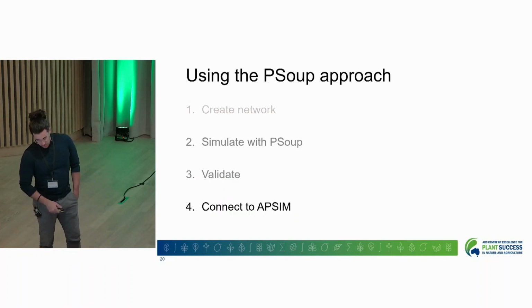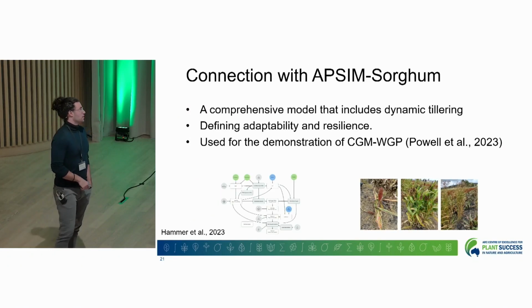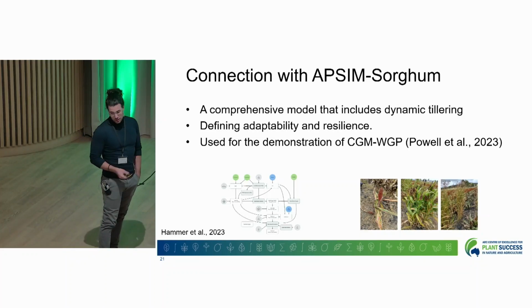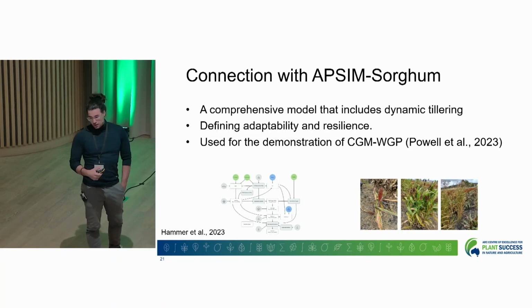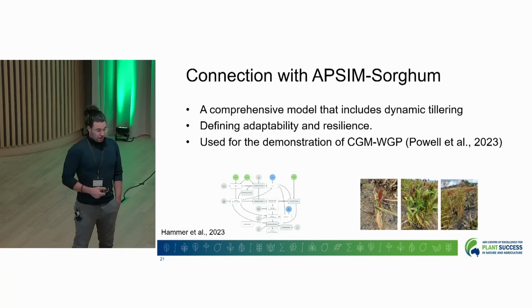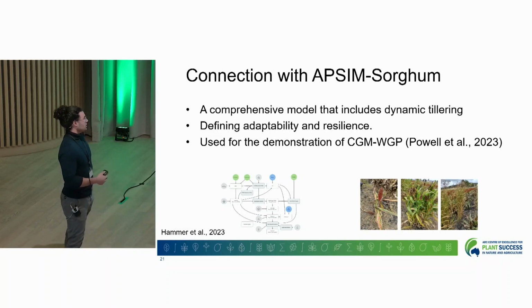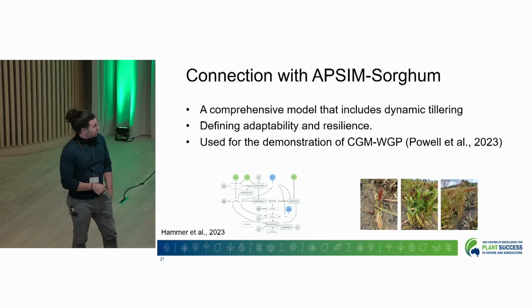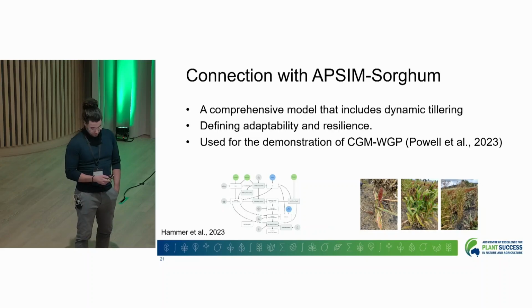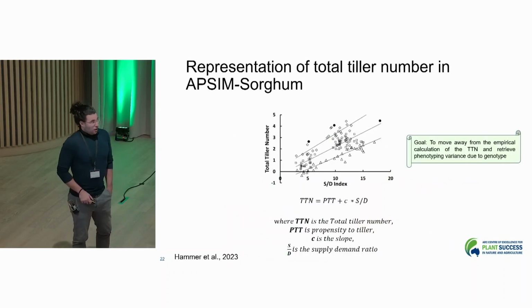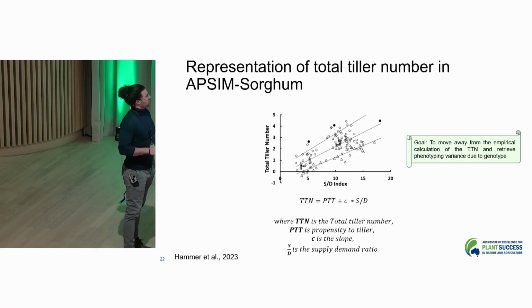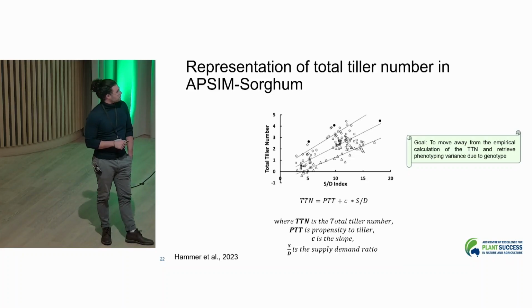And now I'm going to talk about how we connected with APSIM and why we used specifically APSIM-Sorghum. We use that because APSIM-Sorghum includes dynamic tillering, and also APSIM-Sorghum has been used by Mark Cooper and Owen Powell for the crop growth model whole genome prediction algorithm. And a bit of background on how APSIM was calculating the total tiller number.